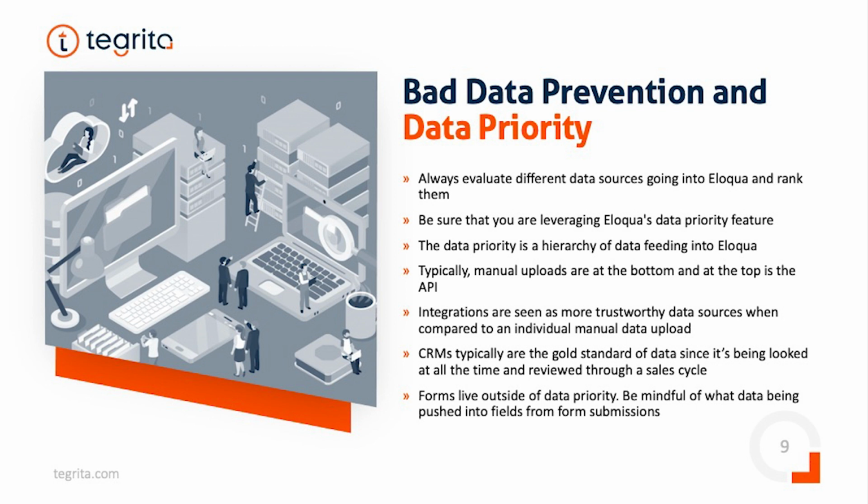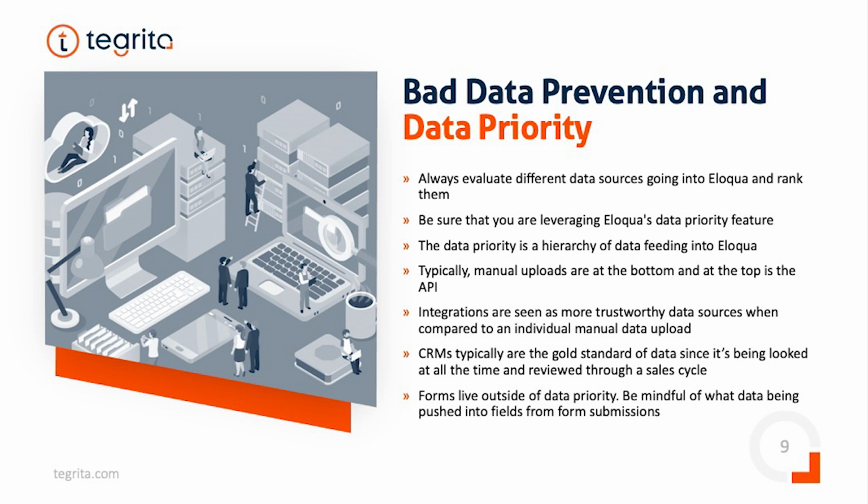So a really common use case for this is when we have an integration with a CRM. CRM is the gold standard of data because there are people that are looking at this data all the time, especially if you use a lead and contact model where a record is promoted from a lead to a contact. It's had multiple touches across its lifetime and multiple opportunities for someone to review that data.